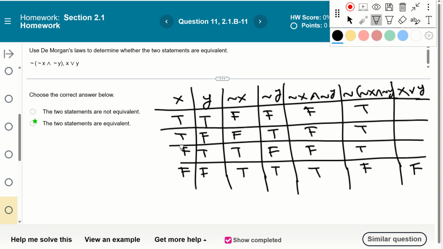True, because at least one is true. And now you can see not x and not y is logically equivalent to x or y. Why? Because their truth table values are identical. All right, that's how you do a logical proof using truth tables.